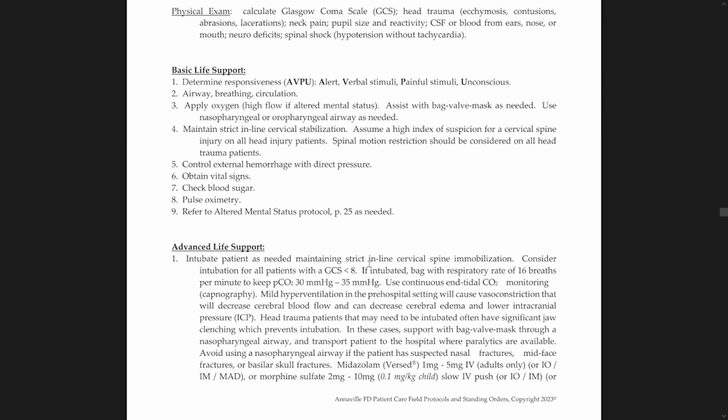Spinal motion restriction should be considered on all head trauma patients. Control external hemorrhaging with direct pressure.